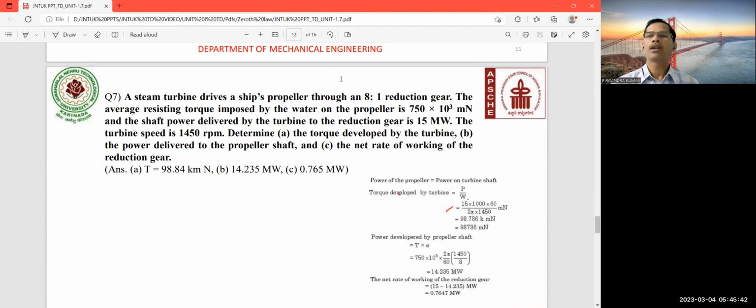See how mechanical problems are connected to realistic situations. The average resisting torque imposed by the water on the propeller is 750 into 10 cubed meter Newton. The shaft power delivered by the turbine to the reduction gear is 15 megawatt. The turbine speed is 1450 rpm. Determine the torque developed by the turbine.